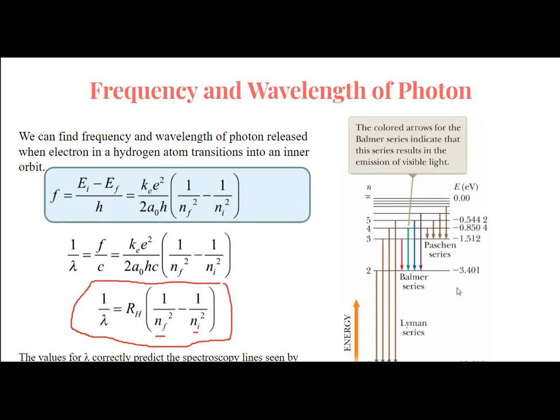In the ground state, the energy of the hydrogen atom is negative 13 electron volts. So provided that you can give it enough energy worth 13 electron volts or bigger than that, then the electron will be energetic enough to become freed from the proton and leave the atom.